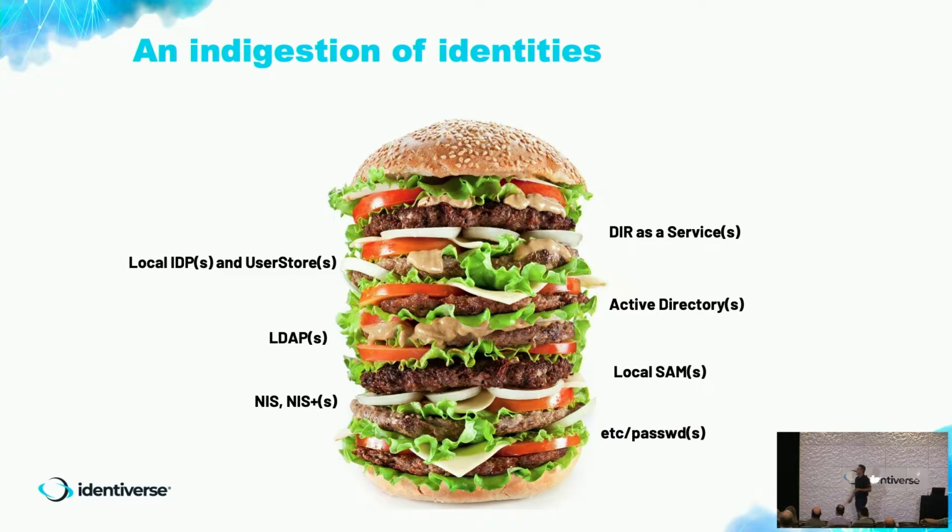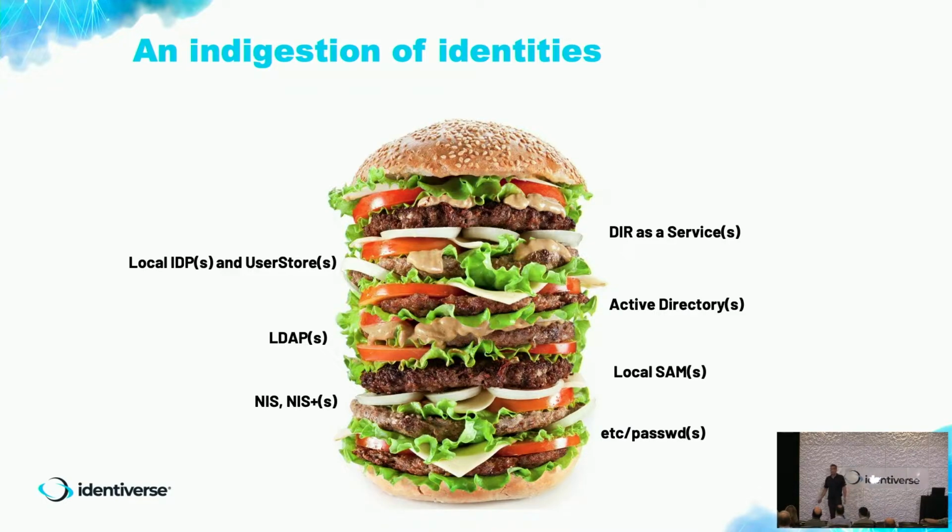So what is the situation right now? As you saw, we were using a lot of different directories and identities. But the thing is, we still use them. We didn't delete the old identities we were using. If you are a large organization, you are still using Unix and Linux systems, so for sure you are using /etc/passwd. Perhaps you still use on-prem LDAP directories.